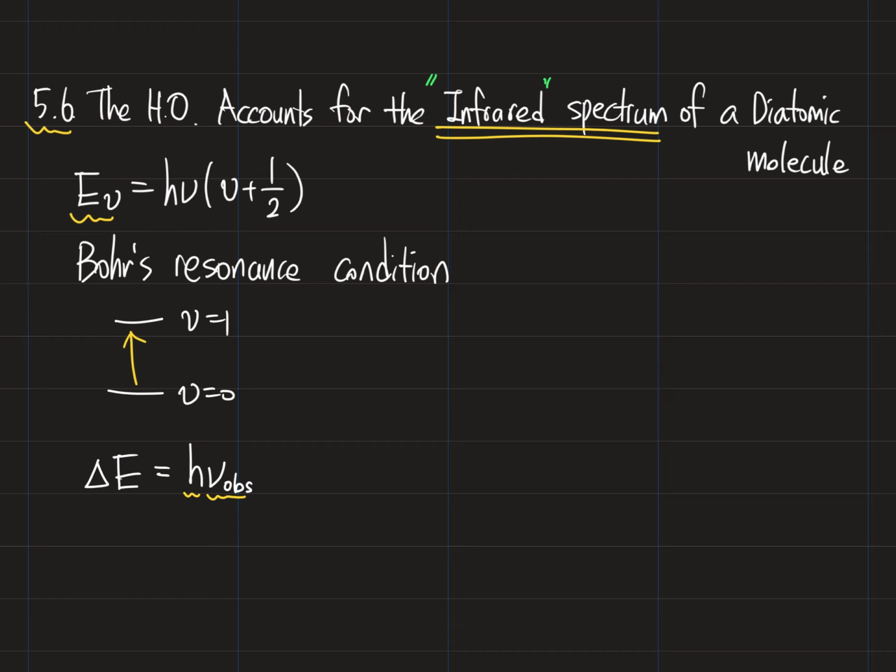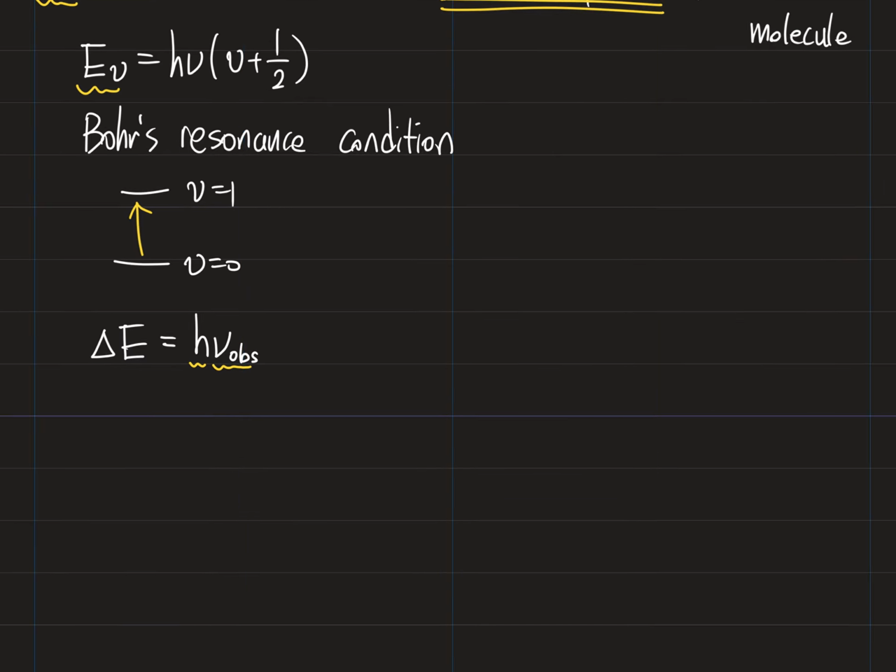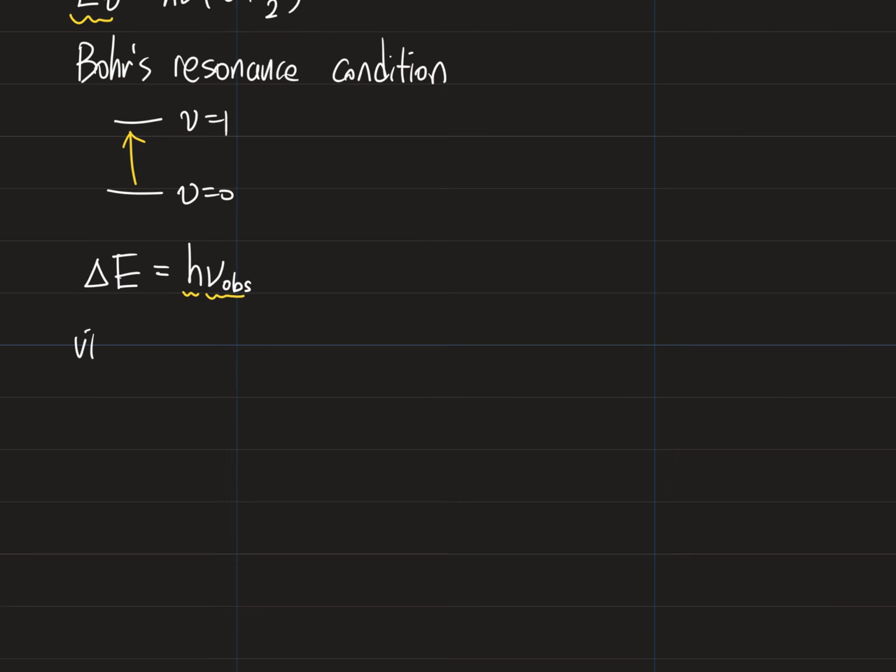Even though we haven't discussed the vibrational selection rule, let's assume that in a quantum mechanical harmonic oscillator, the selection rule for the vibrational transition is delta v equals plus or minus 1.